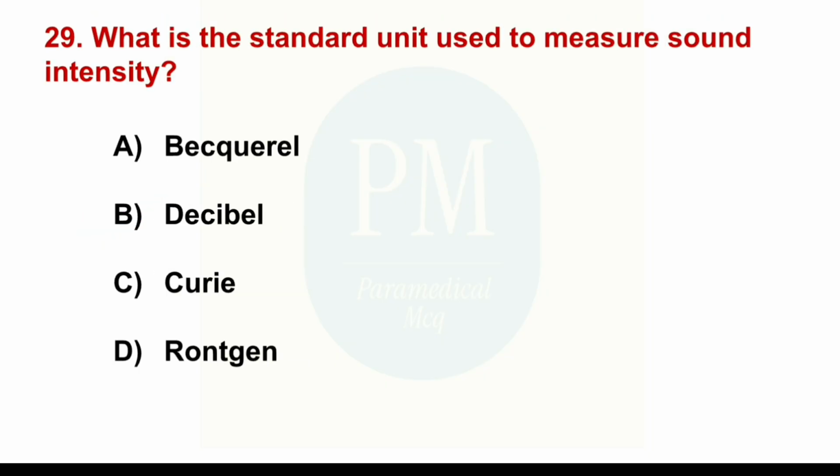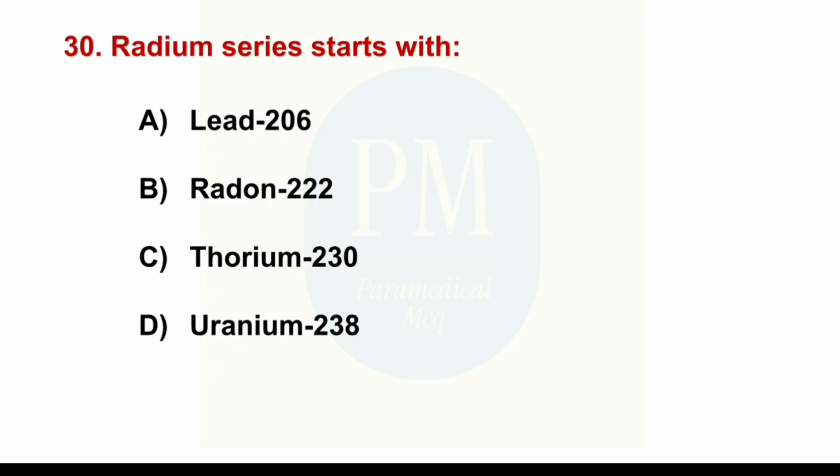What is the standard unit used to measure sound intensity? Option A, becquerel, option B, decibel, option C, curie, option D, Röntgen. The correct option is option B, decibel. Radium series starts with option A, lead 206, option B, radon 222, option C, thorium 230, option D, uranium 238.